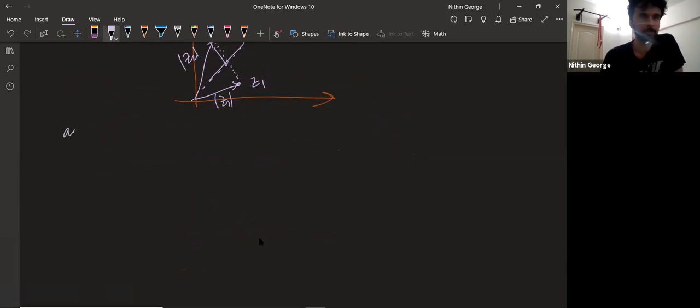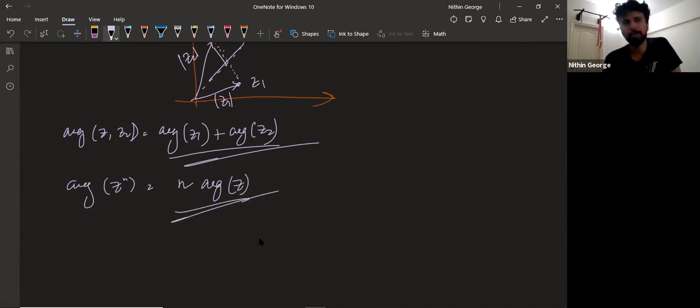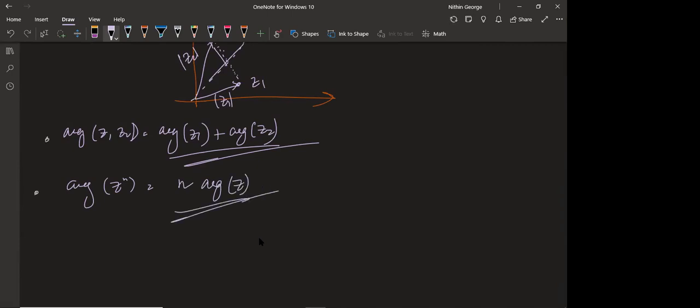Now, what can you say about the argument of Z1 into Z2? That is the argument of Z1 plus the argument of Z2. Now, when I say argument of Z to the power n, what would you write it as? N into argument Z. Please remember this. Sir, it's similar to the log function.